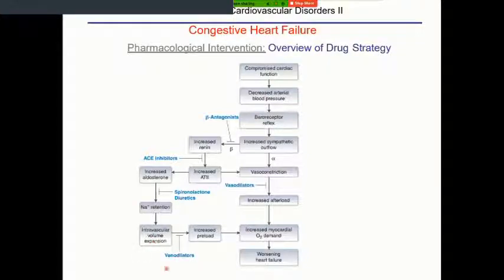And your vasodilators can reduce systemic vascular resistance by vasodilating the arterial system, including the venous system, and can be used to reduce pressure in your arterial system. And these are areas by which the different drugs used in heart failure can be utilized.